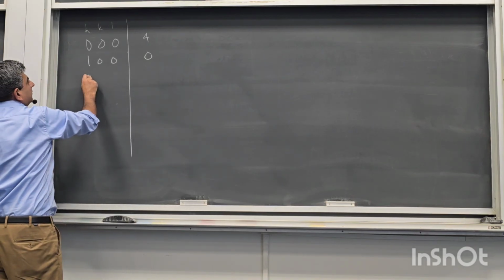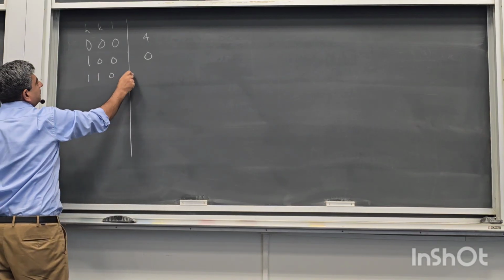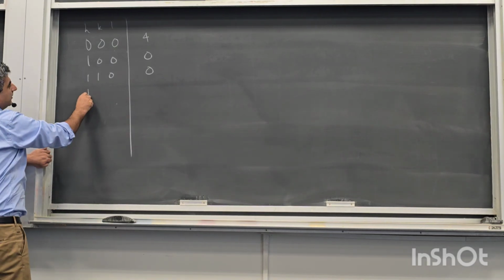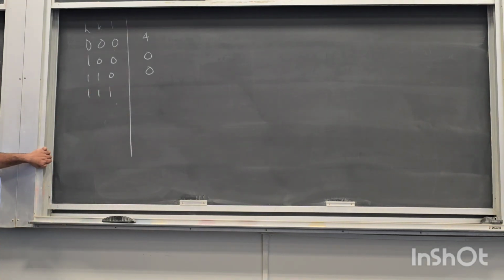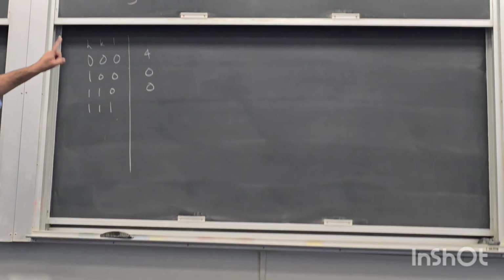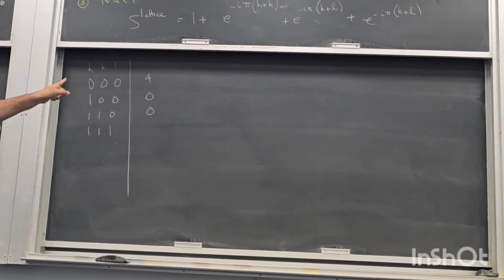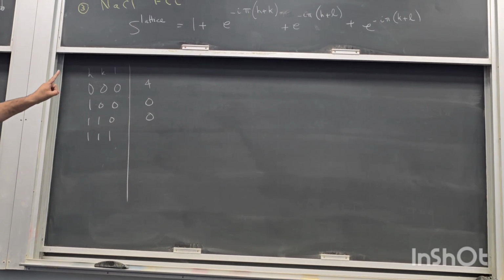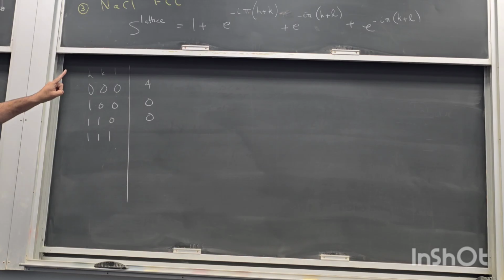For 1 1 0, this is again going to be 0. For 1 1 1, let's see what we get. 1 plus, H plus K is 2, 1 plus 1 plus 1, I'll get 4, correct?